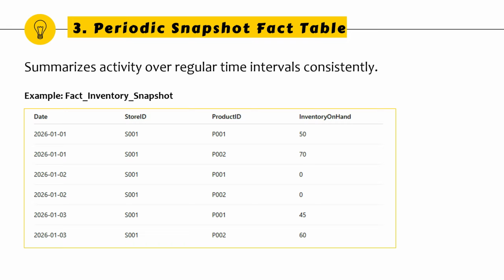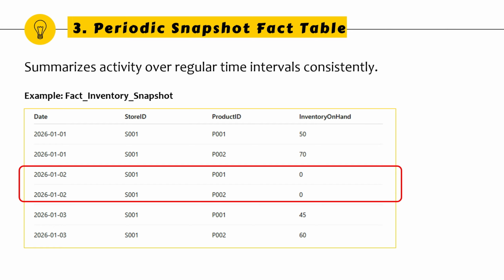From a design perspective, aggregate fact tables generally only include periods with activity, skipping periods with no data. In contrast, periodic snapshot fact tables often include rows with zero or null values for periods with no activity, so that reporting and analysis can consistently cover all time periods.